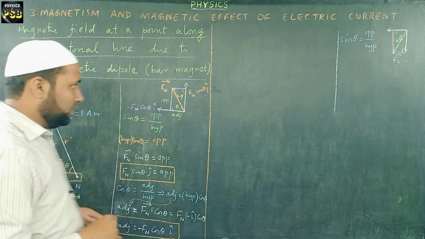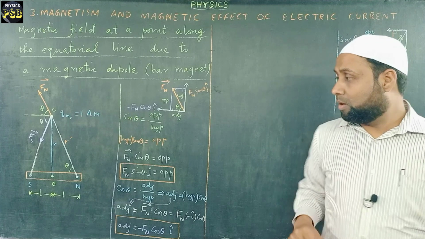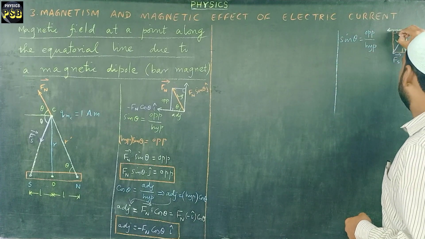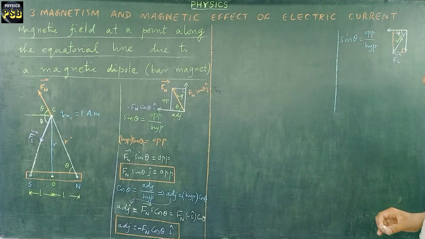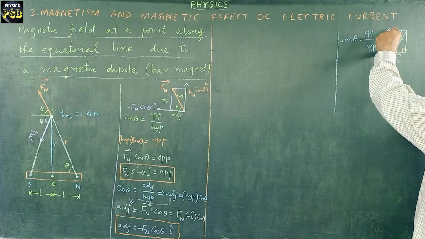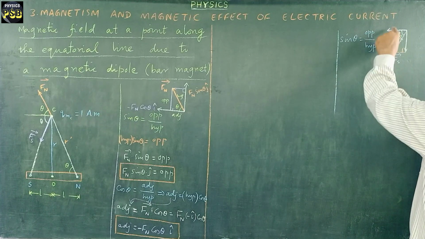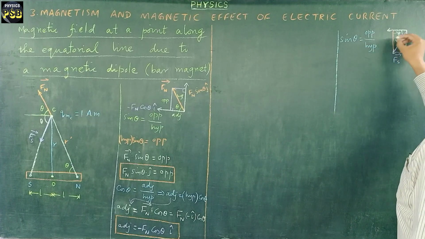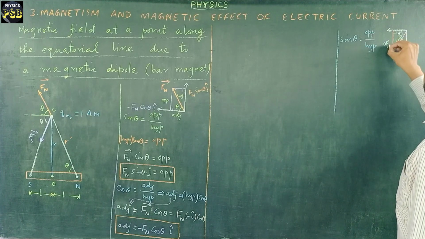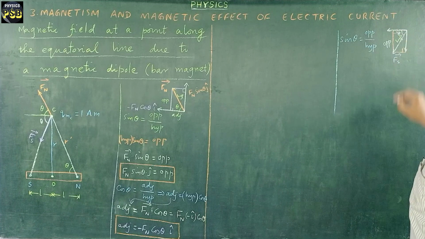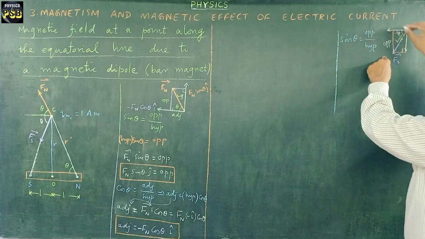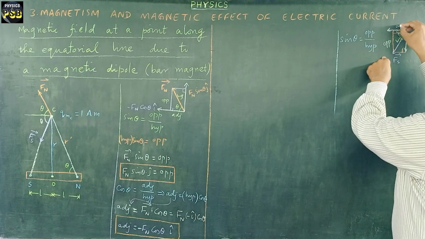Okay, so from here, this angle is theta. So this line is the opposite side. This side of the right angle triangle is the opposite side, and this is the adjacent side.